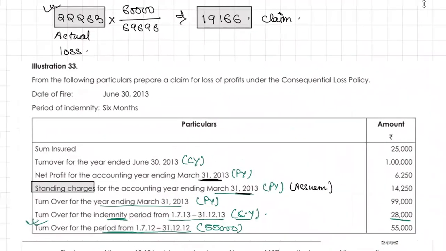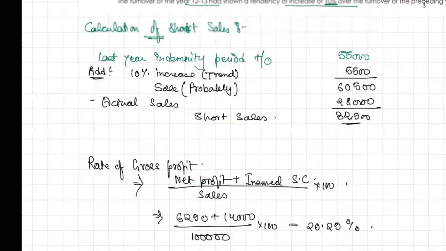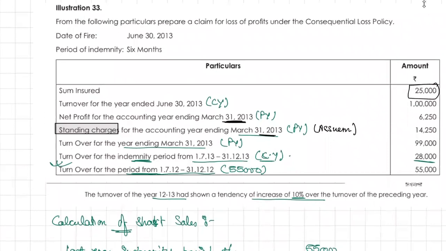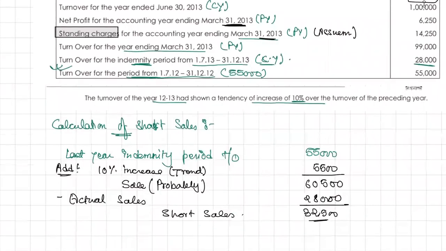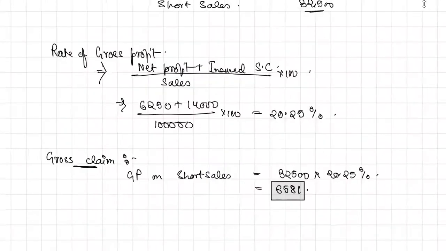And policy value is also 25,000. तो ज्यादा ही करवा रखा है. So this will be my gross claim. और यहाँ पे इन्होंने सिर्फ क्लेम के बारे में ही पूछा है. Correct. They have only asked prepare a claim for loss of profit. So this will be my claim. Claim amount will be 6581. Correct.